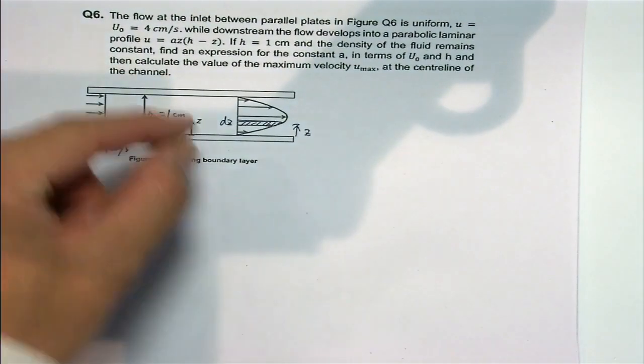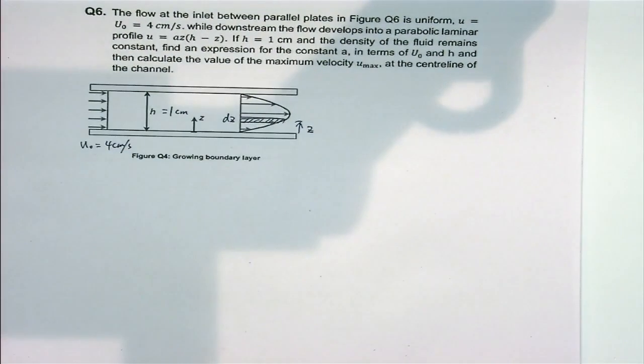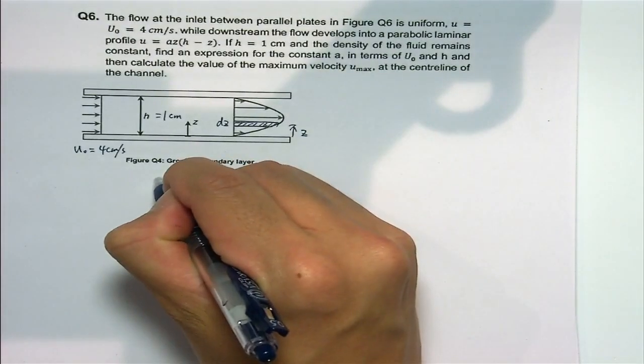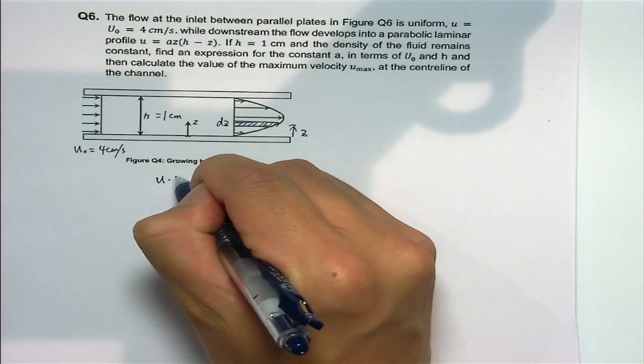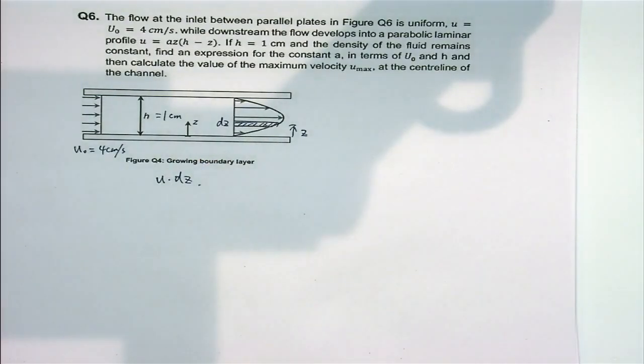So that one, we can get the infinitesimal volume flow rate inside, which is the u at that point multiply dz, right? And also the y into the paper, but we can just eliminate it on the left and the right.